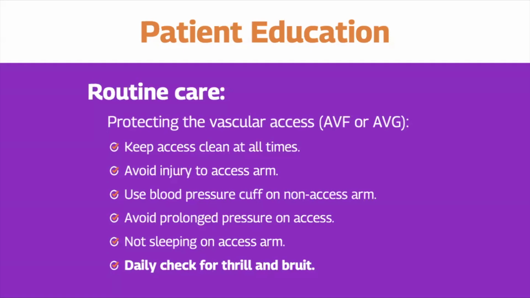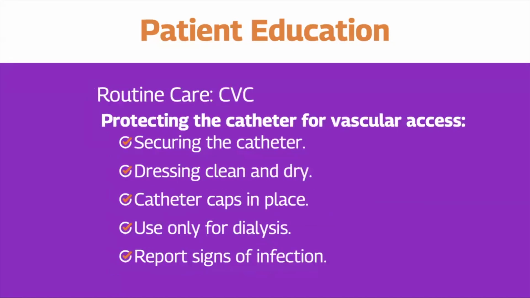Sleeping on that access arm can also cause clotting, so you don't want them to put their head on their access arm during the night. They need to turn on the other side to sleep on the non-access arm. And we need to check daily for fluid, for thrill and bruit.